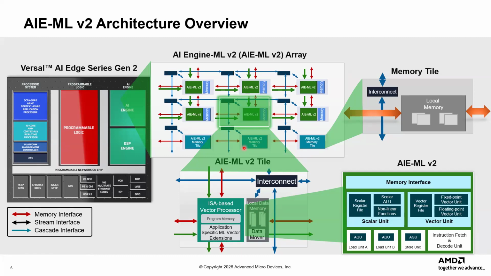Because for those of you that have been working with FPGAs for a while, you know that we typically avoid floating point operations like the plague. We don't do that in an FPGA. We convert everything to fixed point data types, but using these advanced data types allows you to use these newer versions of floating point data types, and take advantage of that in your machine learning models and have that benefit for your overall computation.